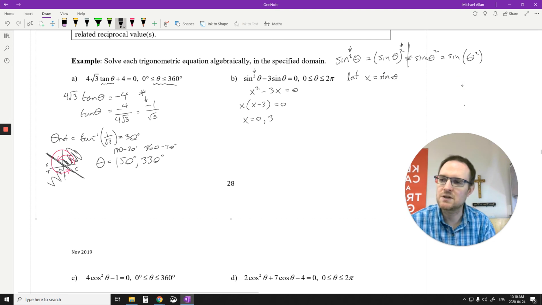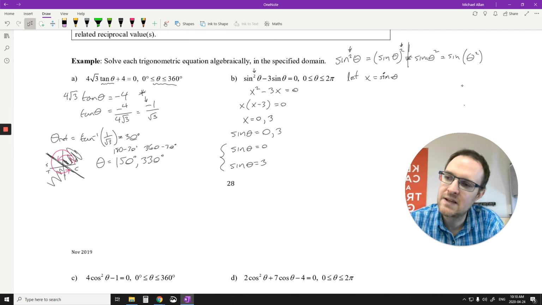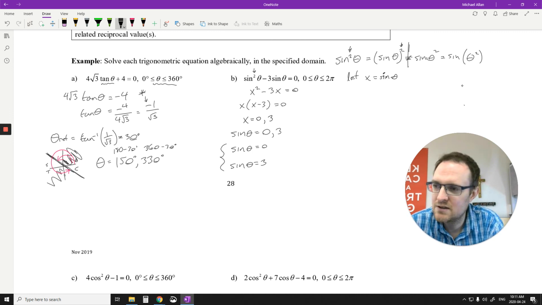I'm going back to what it was before. So it's going to go sine theta is equal to 0 or 3. So I'm going to split that apart: sine theta is equal to 0, sine theta is equal to 3, and then I'm going to solve both those pieces independently of each other. So sine 0, let's do that one first.